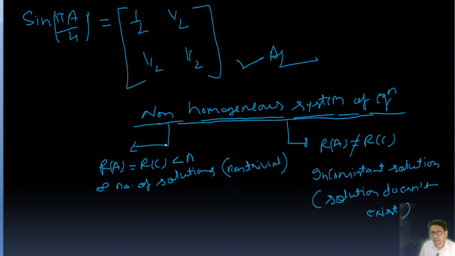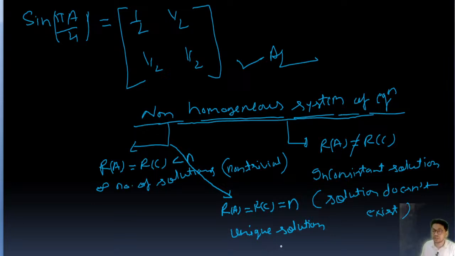And the second case is, if RA equal to RC, and also the rank of RA and rank of C equal to N, the order of the matrix, for an N cross N matrix, in that case it has a unique solution, that is the trivial solution, okay, unique solution or unique trivial solution.